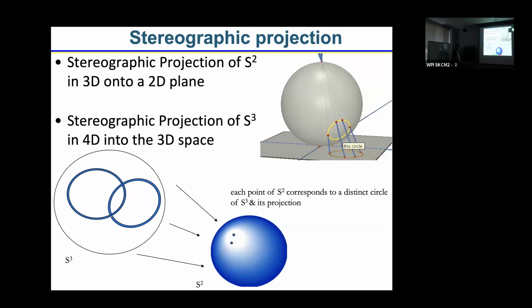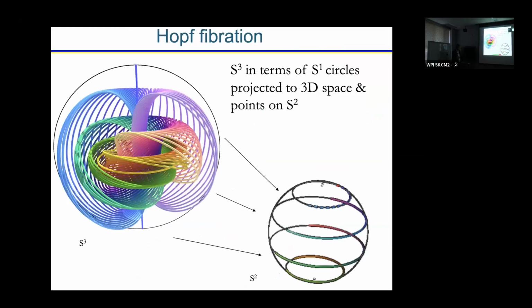But if you would do an analog of stereographic projection of circles on the S3 sphere to the three-dimensional R3 space, which is just the four-dimensional analog of this stereographic projection, you would find them linked with each other, as depicted here. And so this makes them topologically non-trivial.